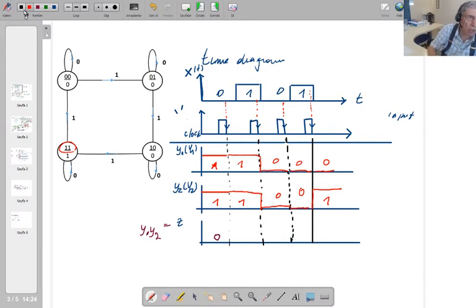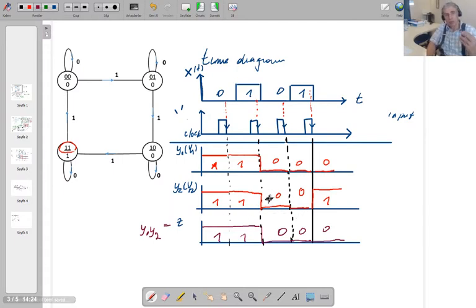I shouldn't have done this. I made a mistake. I will correct my mistake. You see, z function is y1 times y2. So 1 times 1 is going to be 1. And this multiplication 1, 1, 1, multiplication 1, 1, 1, multiplication 0, 0, 0, multiplication 0, 0, 0, and multiplication 0, 1, 0. So that's the output.